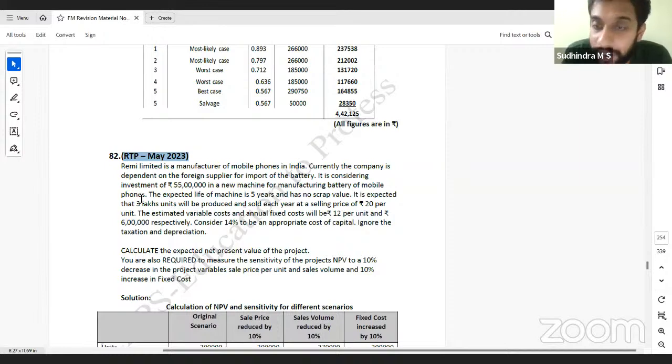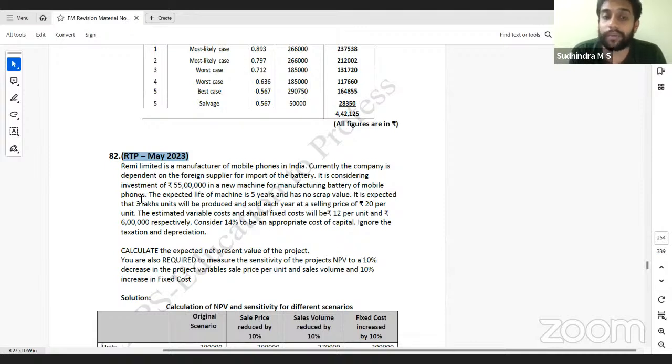Expected life of the machine is 5 years and no scrap value. It is expected that 3 lakh units will be produced and sold each year at a selling price of 20 rupees per unit. Estimated variable cost and annual fixed cost will be rupees 12 per unit and rupees 6 lakh respectively. Consider 14% to be an appropriate cost of capital. Ignore taxation and depreciation. Calculate expected NPV.